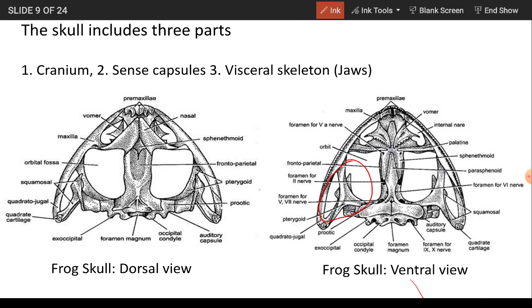As you can see in the diagram, the shape of the pterygoid is Y-shaped, having three rays or limbs, where its anterior ray or limb joins with the maxilla. So this is its anterior limb. It is attaching to the maxilla and the outer end of the palatine.